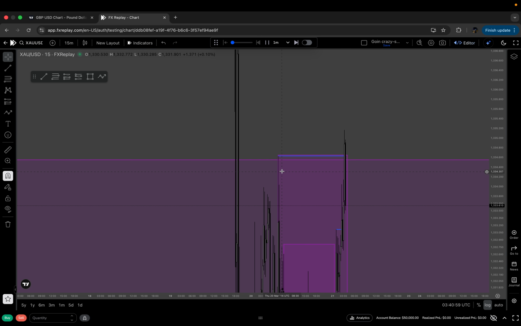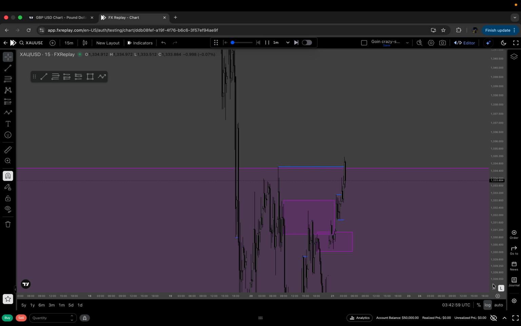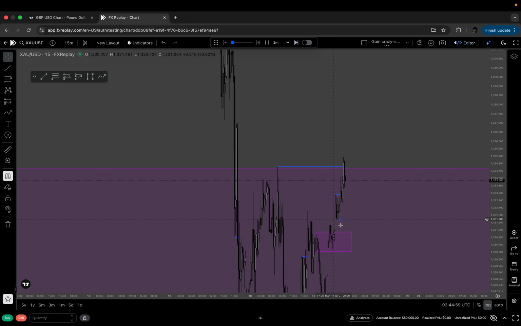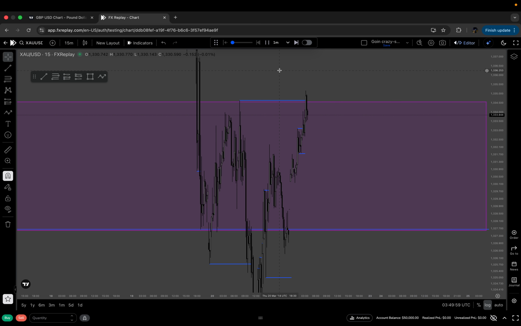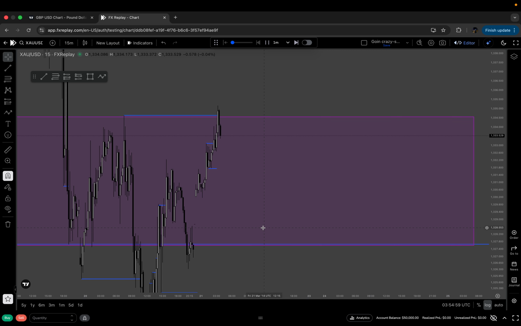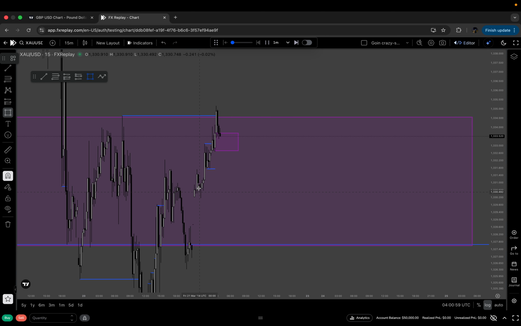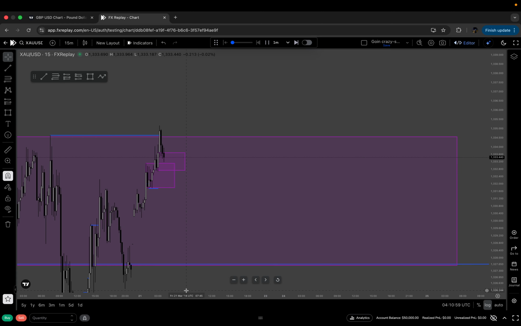So now, this 15-minute structure is now invalid. Right? Externally, we are now bullish. Right, we broke this high. Let's just see how we do at this level. These levels. This one here.